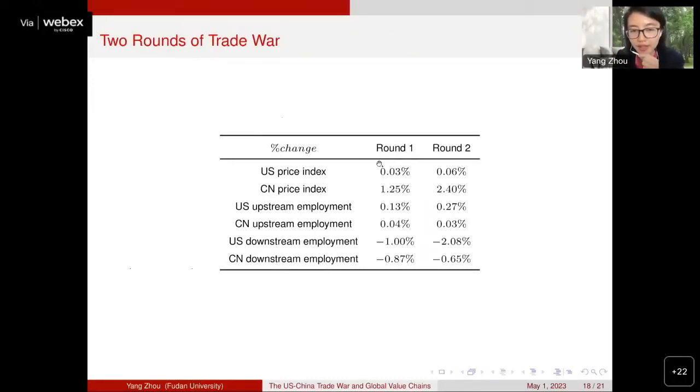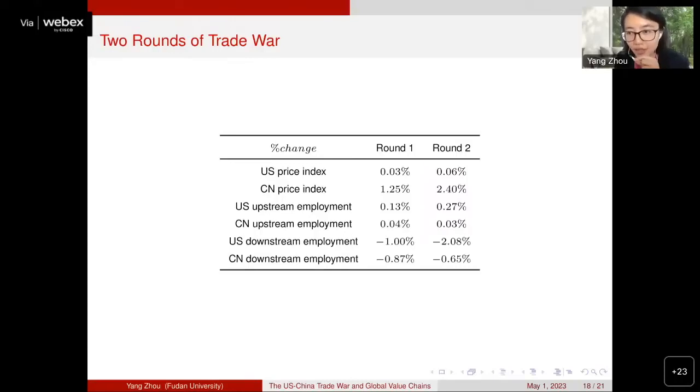This is the percentage change in the United States and China. This is the price level change in round 1 and round 2, and then I have the upstream employment change and the downstream employment change. Basically, we see that for both countries and both rounds, upstream employment increases and downstream employment decreases.